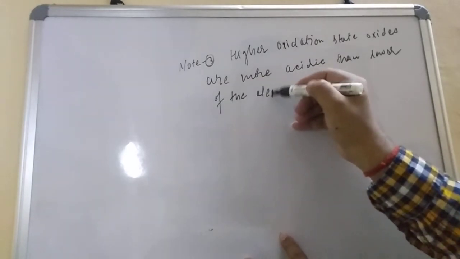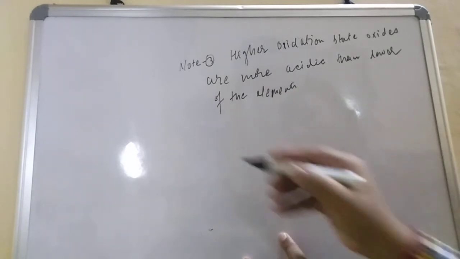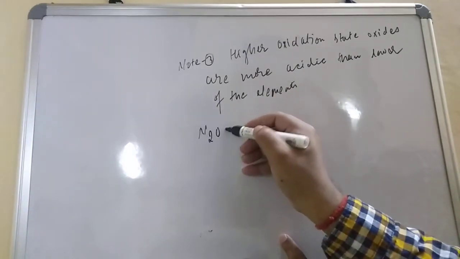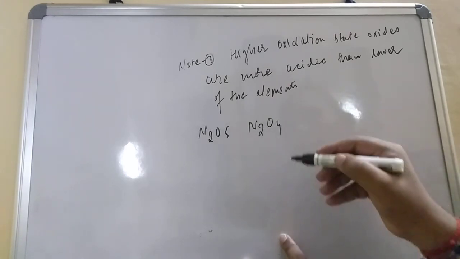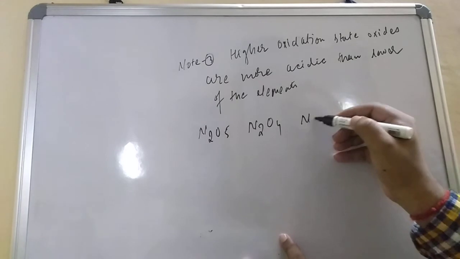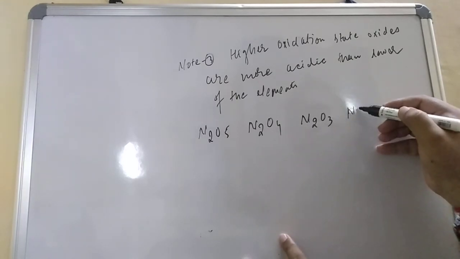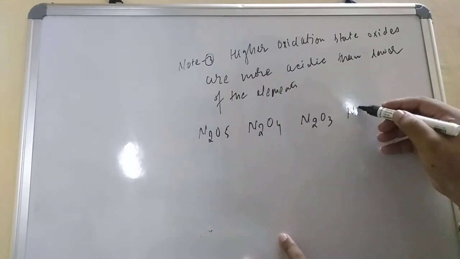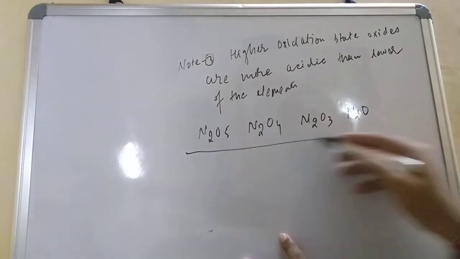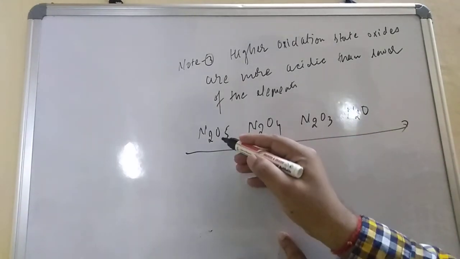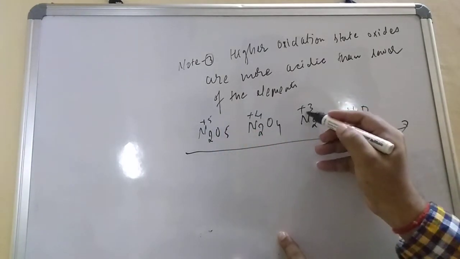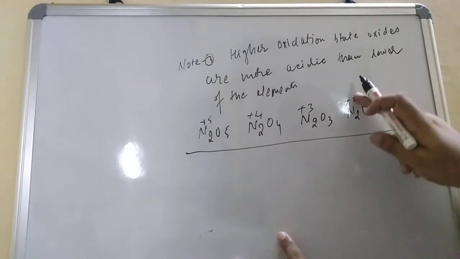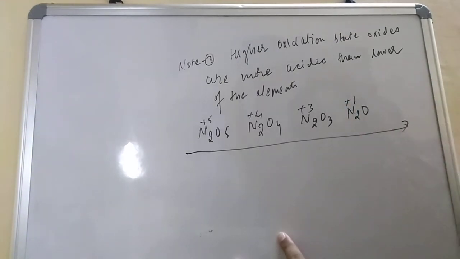Suppose I take N2O5, then we consider N2O4, then N2O3, then N2O. The oxidation states are plus 5, plus 4, plus 3, plus 2 and plus 1.